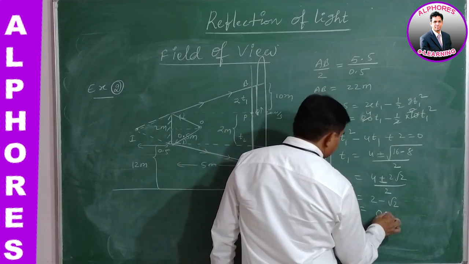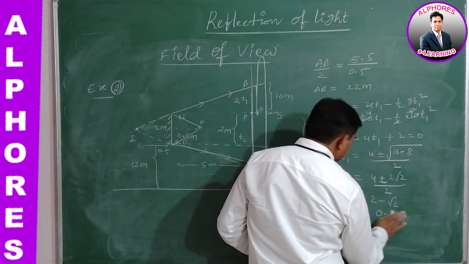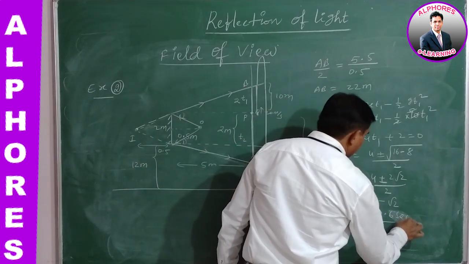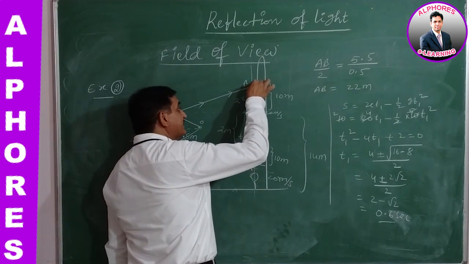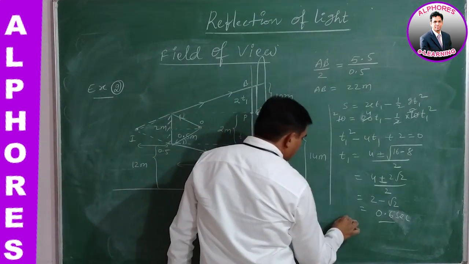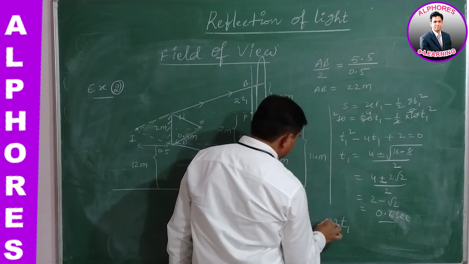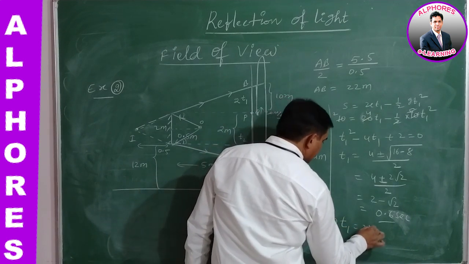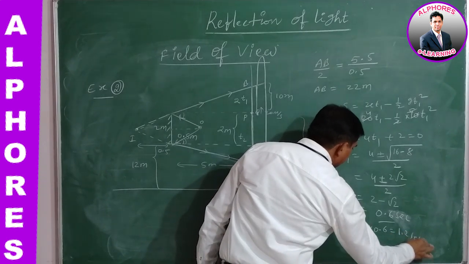So simply it is 0.589, or roughly it is 0.6 seconds. Okay, so from P to B 0.6 seconds and the return journey is the same time. Therefore capital T1 is 2 t1, that is 2 into 0.6, which gives us 1.2 seconds.